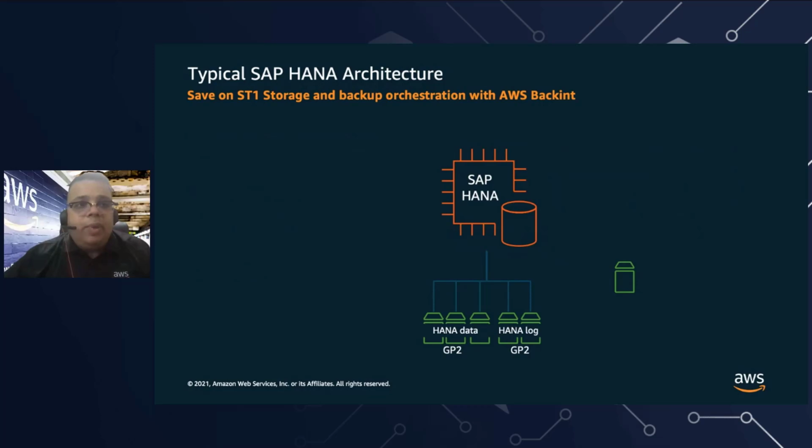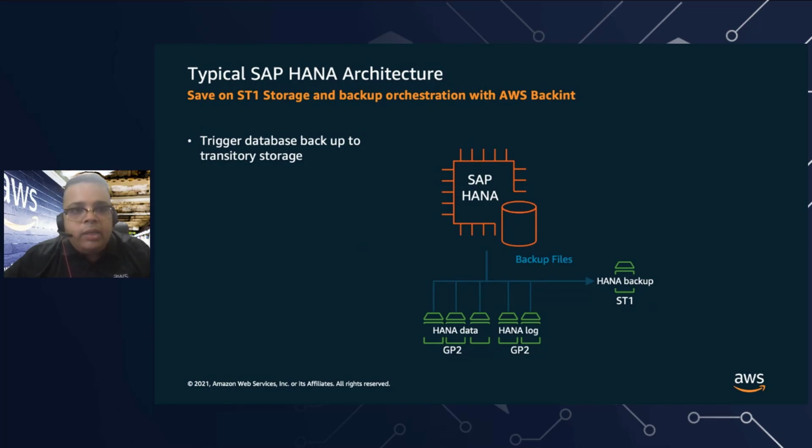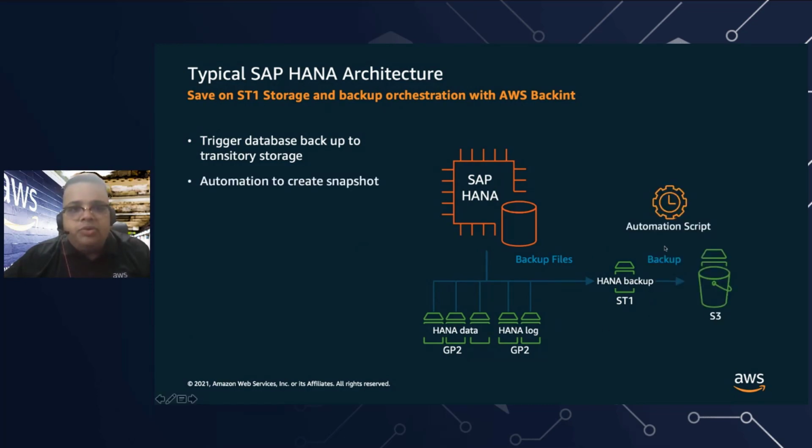Now let's look at the typical HANA architecture, right? So typically, you'll have a HANA instance, and then you have HANA data, HANA log, just like the instance I installed today. So what you would do without an AWS backend agent is back up the files to an SD1 volume temporarily, and then use some automation script to push it to S3. Now, it's two steps to backup, two steps to restore.